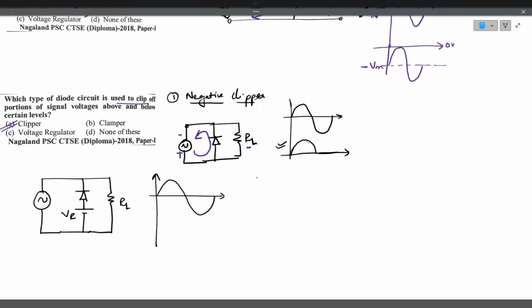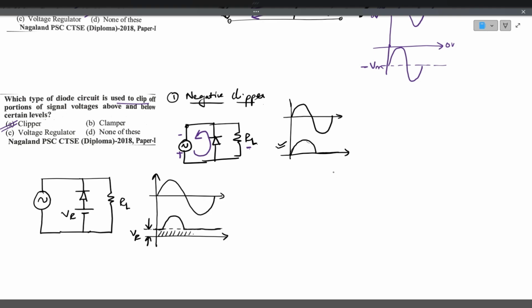But here, as you have added a positive bias, the portion of the positive half cycle up to the VR level will be clipped off, because you have added a bias. So output will be like this.